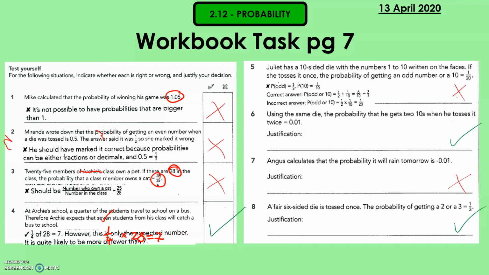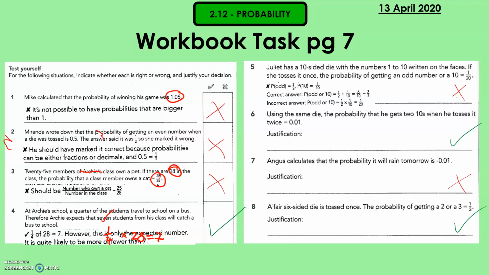So if we put those together, the answer should actually be 12 out of 20, 6 out of 10, or 3 out of 5. And obviously the incorrect answer is to get 1 out of 20 by multiplying them together.